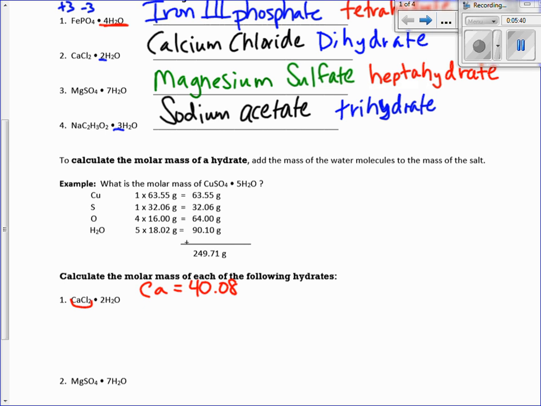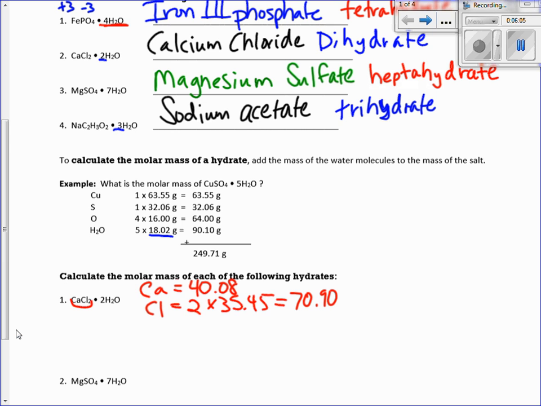We would do chloride, or the chlorines are 2 times 35.45. That is 70.90. And then we need to add in the mass of the waters. So if you look over here, you see that they tell you that water is 18.02.